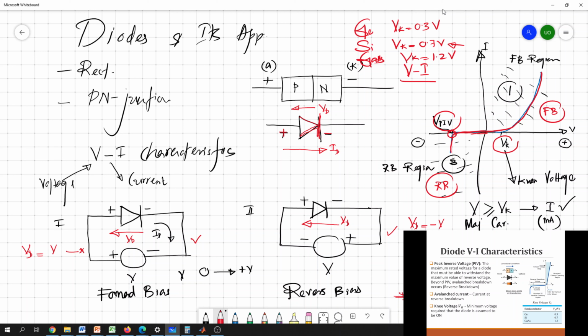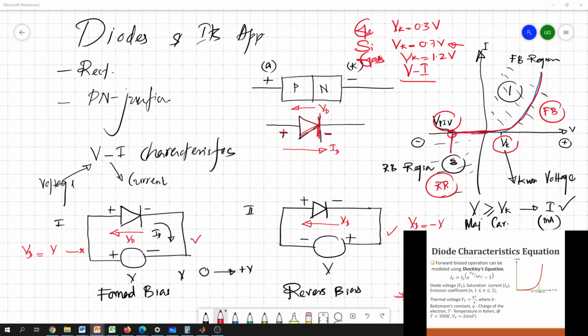Okay, then we can mathematically characterize this curve. Once it comes to the mathematical modeling of this curve, we can model the forward bias region using the Shockley equation. The Shockley equation can easily map to this curvature, as you can see in the slide set.